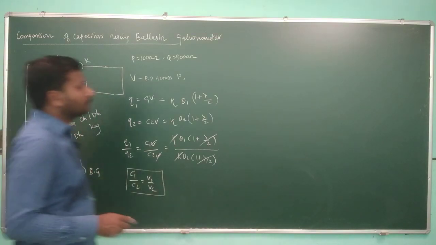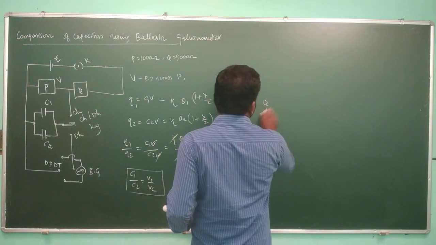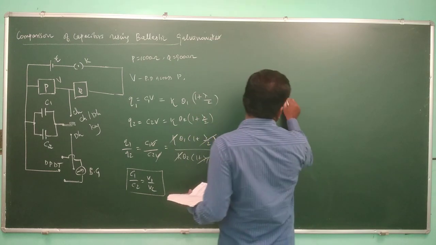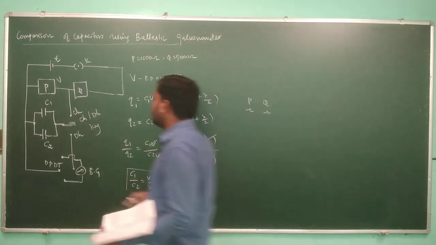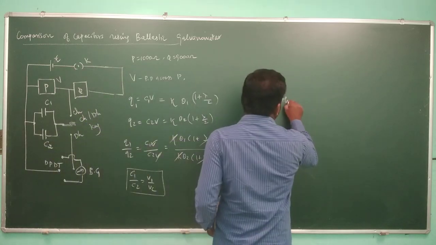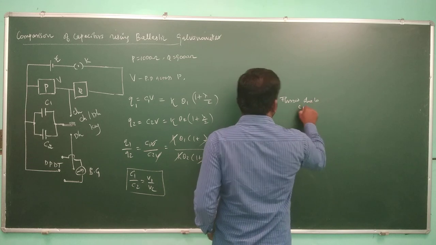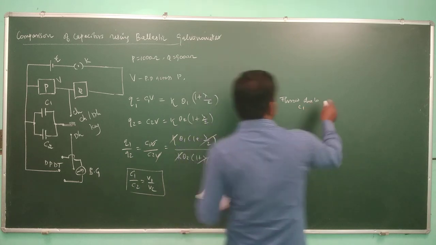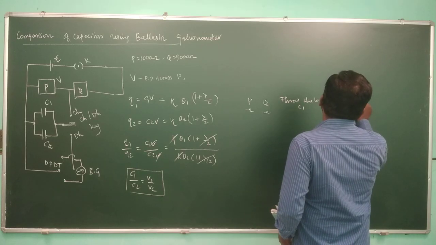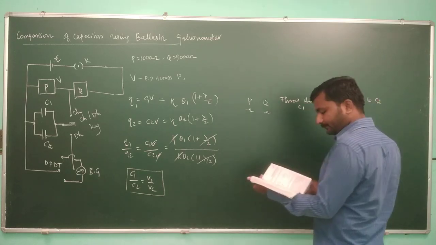And let me quickly go through the diagram. As usual, we should have P ohms, Q ohms. Then what else do we have? Throw due to C1, capacitor C1, and again throw due to C2.